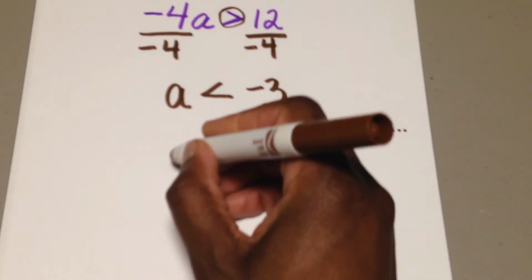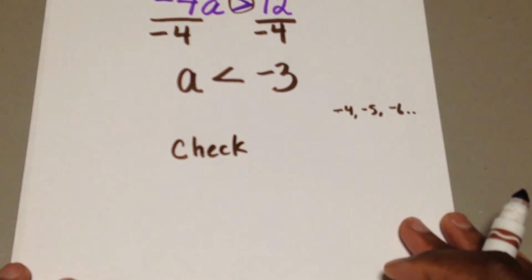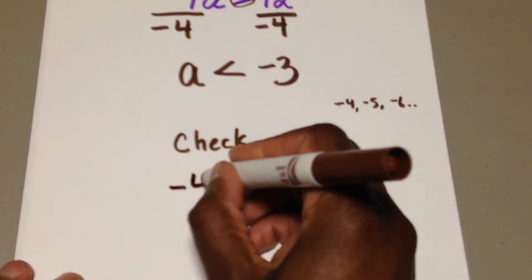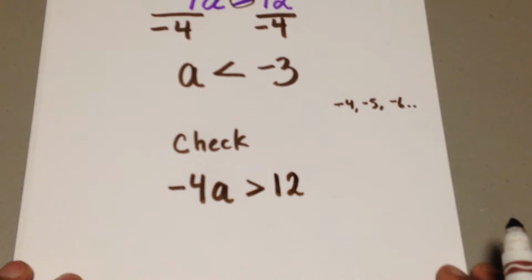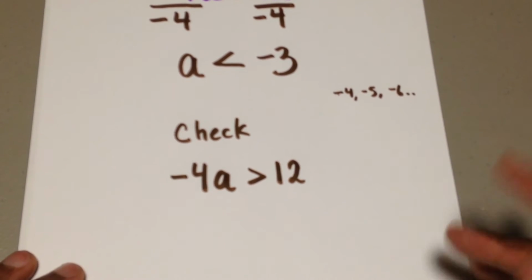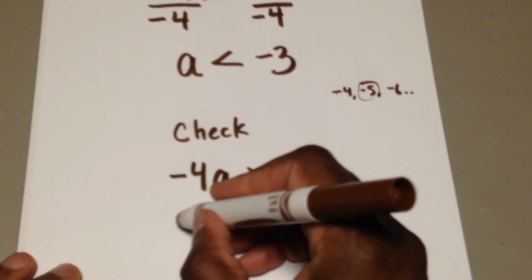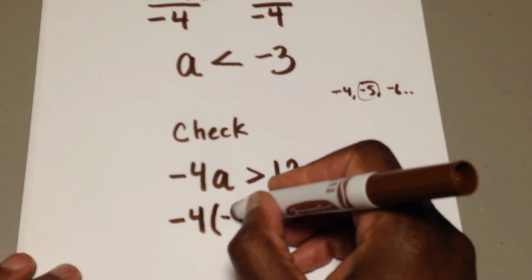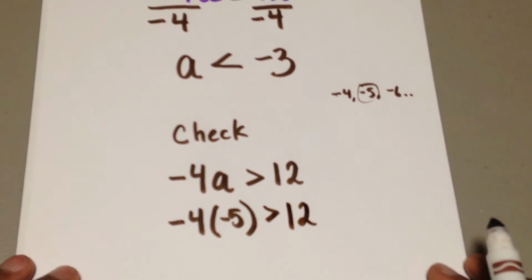So we rewrite the equation. This is going to be our check. Negative 4 multiplied by a is greater than 12. That's what we started with. Now we'll use negative 5 for a. So negative 4 multiplied by negative 5 has to be greater than 12.